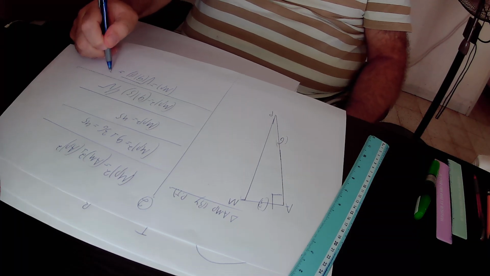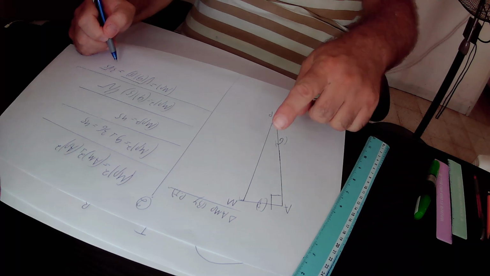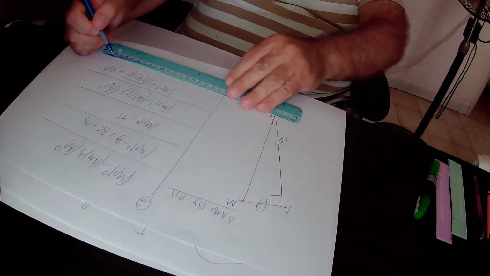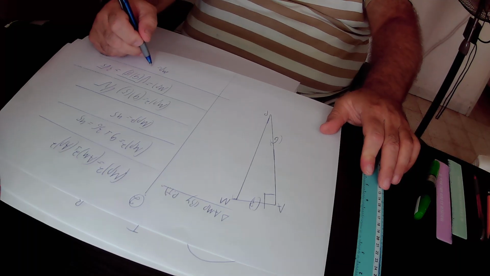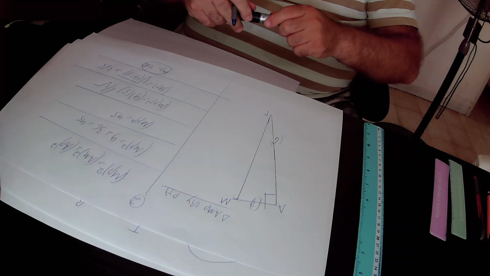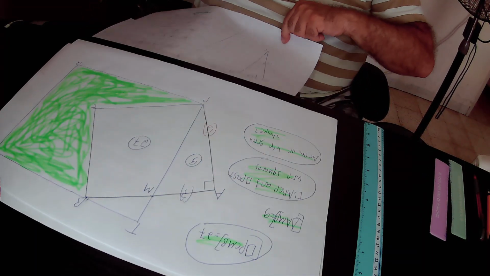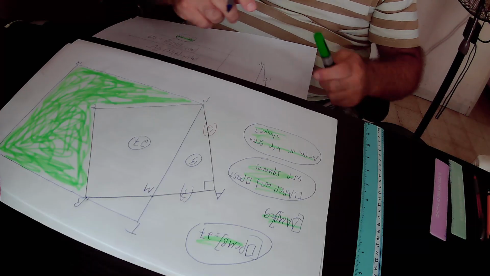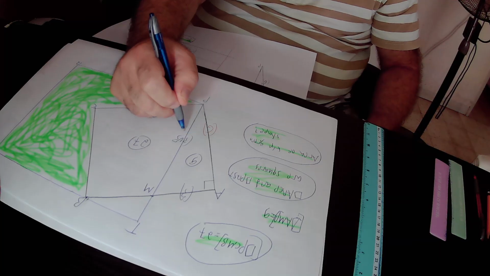The square root of 9 is 3, so inside the root we'll have only 5. So in total we find out that the length of the hypotenuse MP is equal to 3 times square root of 5 units in its length. MP equals 3 times square root of 5 units in its length.